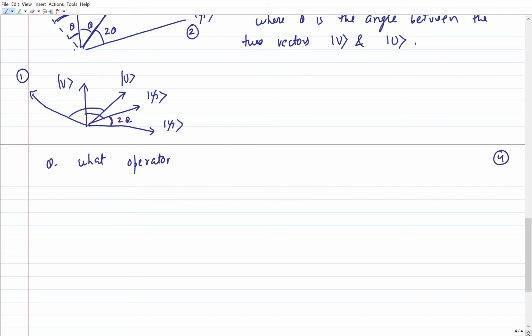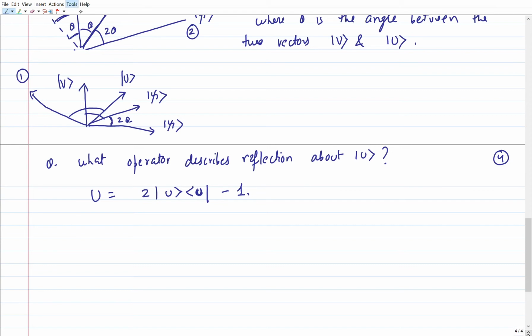So convince yourself, I'll give you the answer, play around with it. Given an axis or a vector u, this operator describes the reflection about u.